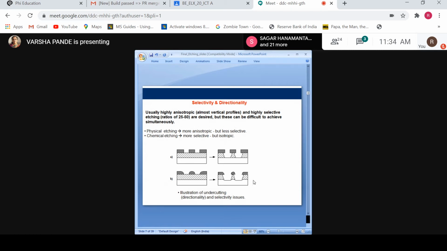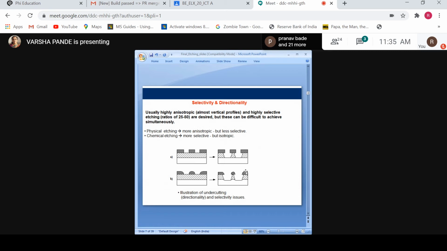Now in diagram B, you can see what happens when you apply a physical etching or dry etching process. Dry etching means you are using positive ions, and by ion bombardment, the atoms or materials are removed. The ion bombardment may happen on the mask surface, above the silicon dioxide surface, and when the silicon dioxide is removed, it may harm the substrate surface below also.